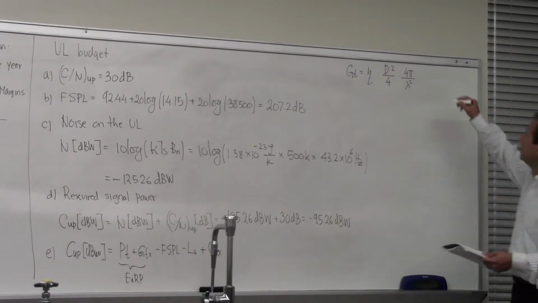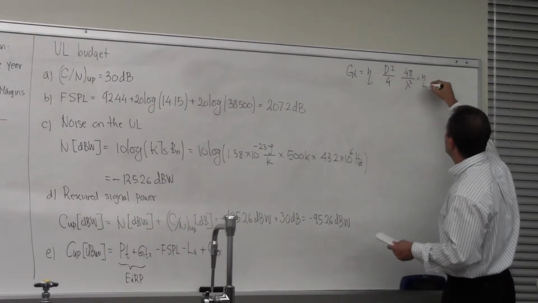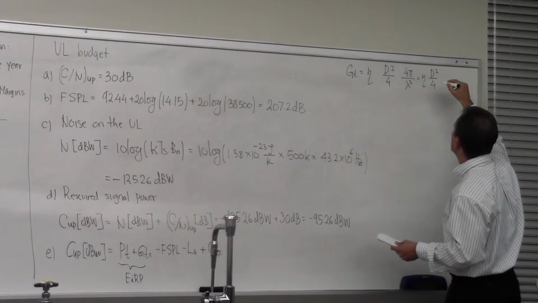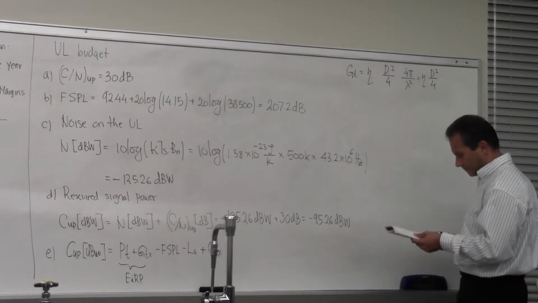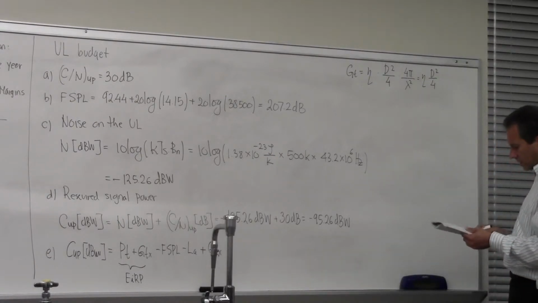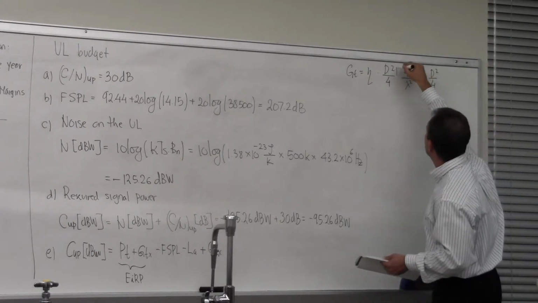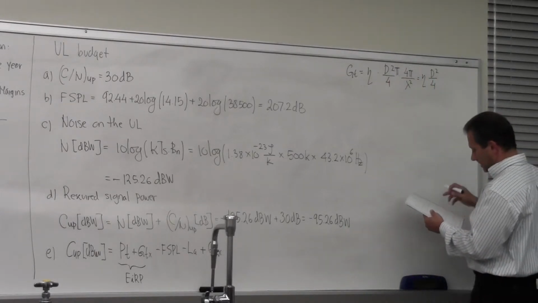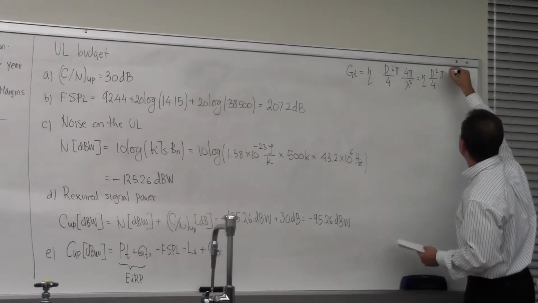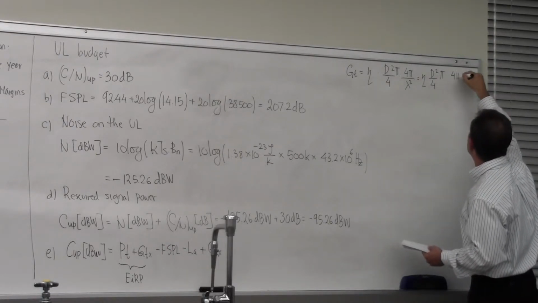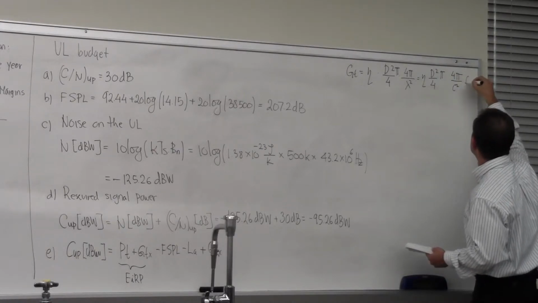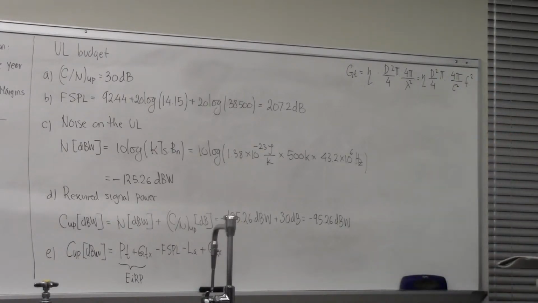So another way to write this is eta D squared pi squared over lambda squared, because D is the diameter. That is D squared pi over 4 times 4 pi, and then times f over c, so you have c squared over f squared. Either one of these equations can be used to estimate the gain of the antenna.